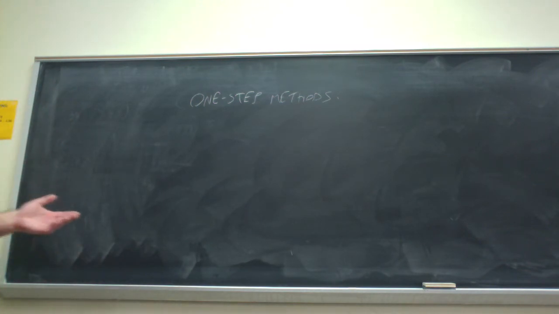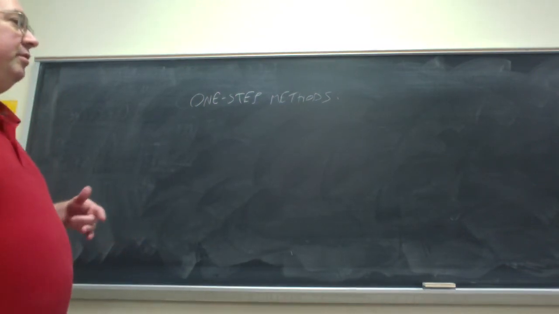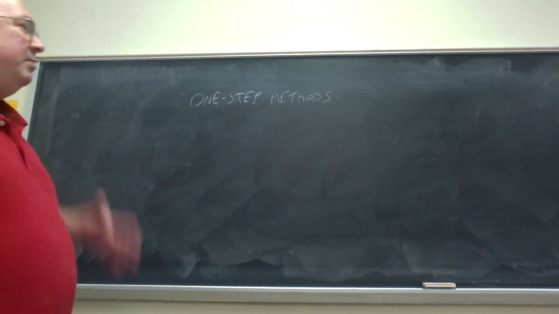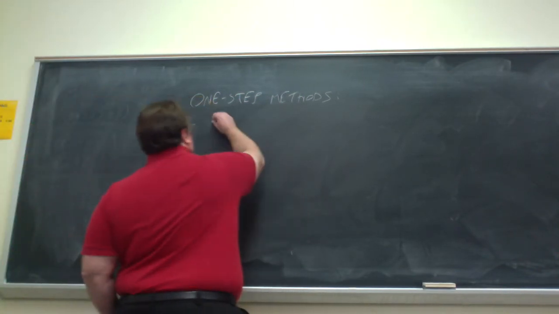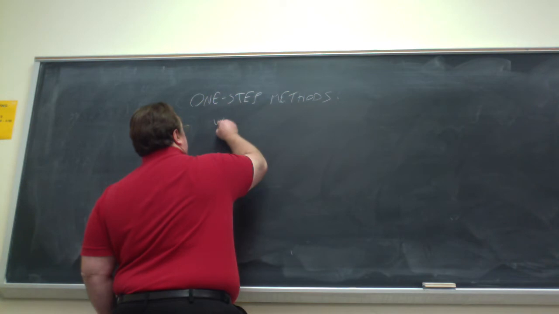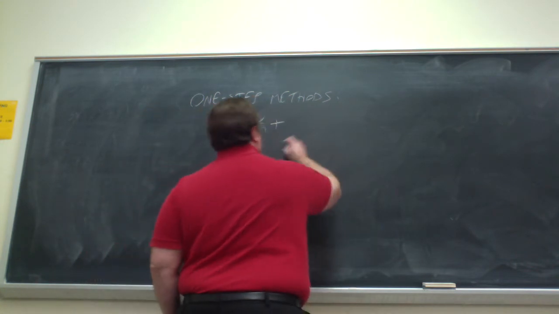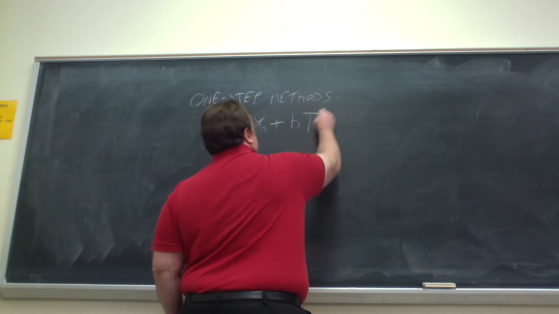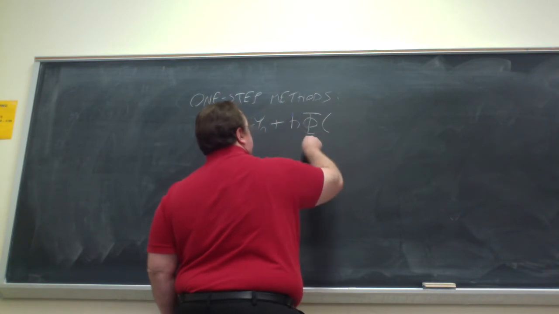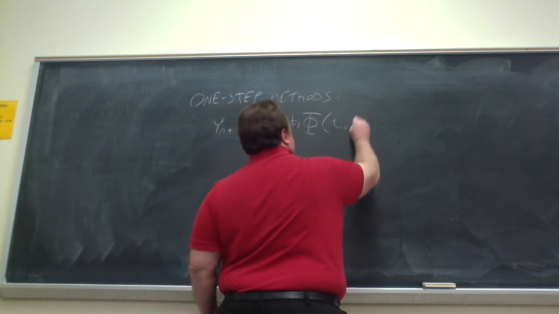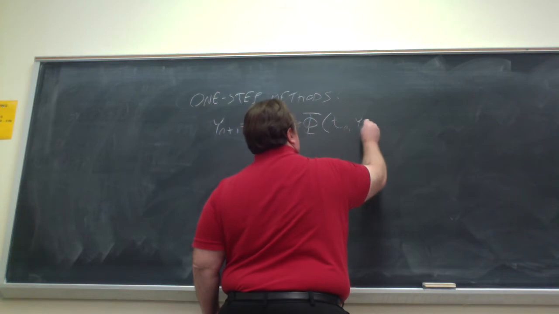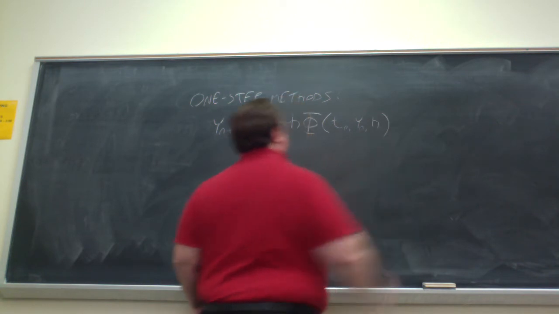A one-step method only uses information about the solution from time tn to time tn plus 1. So, for a generic one-step method, it is yn plus 1 equals yn plus h times some function phi that depends on tn, yn, and h.